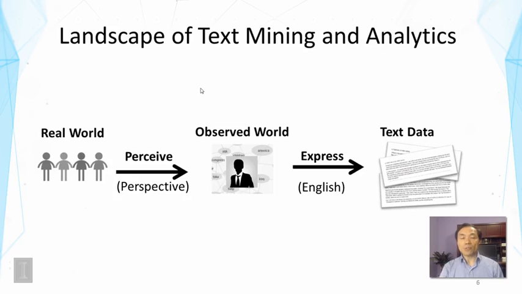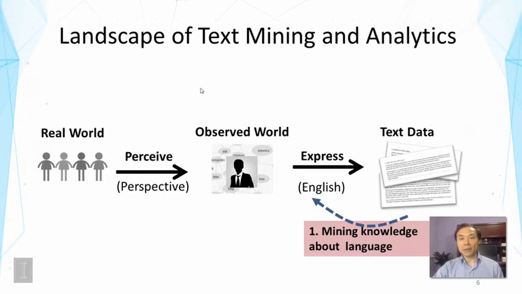So the main goal of text mining is actually to revert this process of generating text data. And we hope to be able to uncover some aspect in this process. And so specifically, we can think about the mining, for example, knowledge about the language.